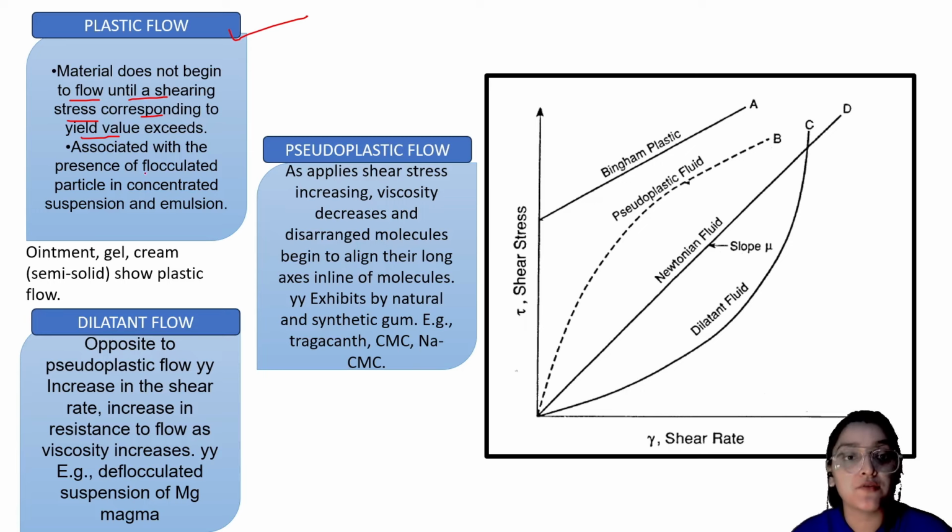These are associated with flocculated particles in concentrated suspensions and emulsions, with examples of ointments, gels, creams. These show plastic behavior, very important from your GPAT point of view.